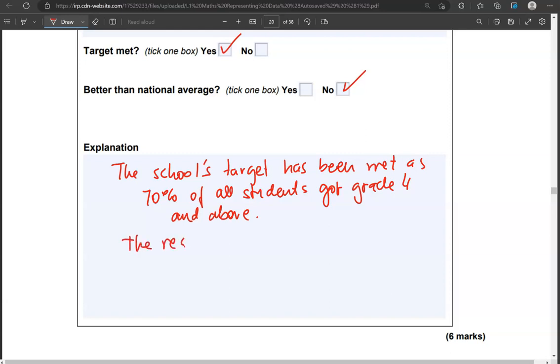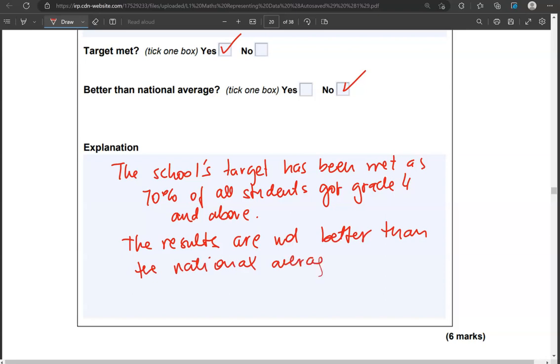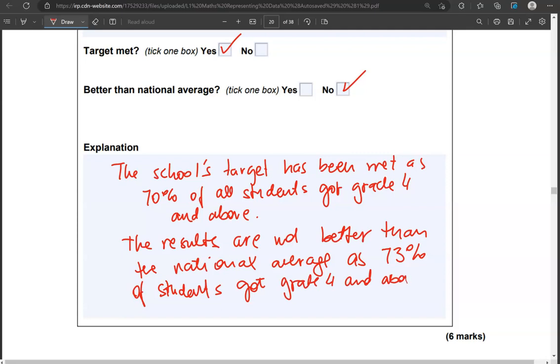The results are not better than the national average, as 73% of students got grades 4 and above nationally.